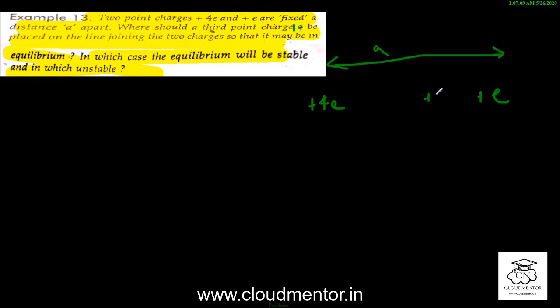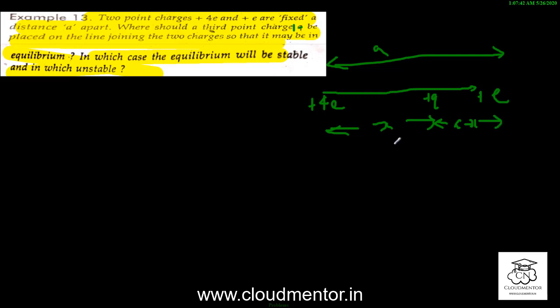So a positive charge is placed in between, on the line joining them. I am taking the distance between 4e and plus Q as x. Then the distance between plus Q and e will be a minus x.